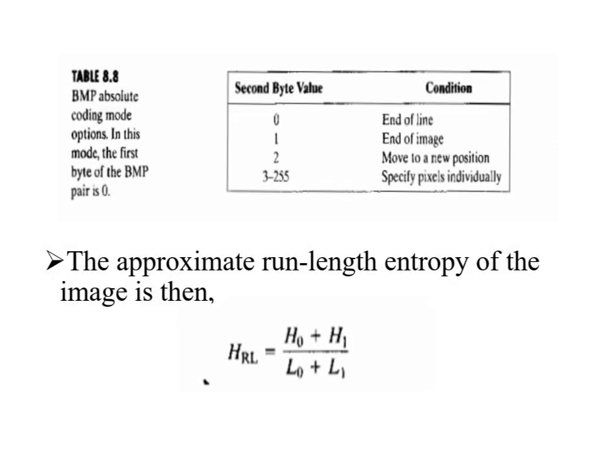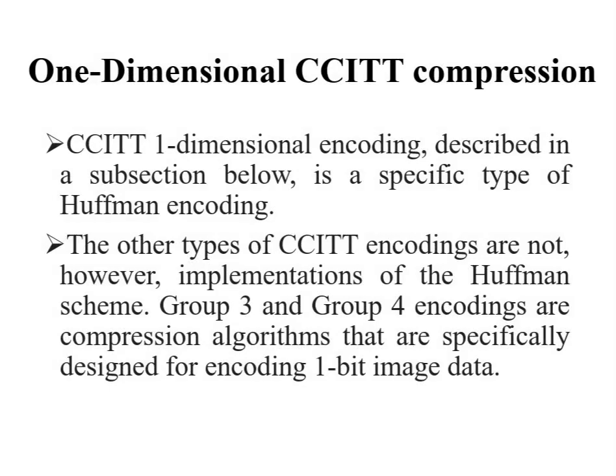The next compression technique is two-dimensional CCITT compression. A highly efficient, noise-immune data redundancy reduction algorithm for transmission of facsimile data over a digital communication channel is described.